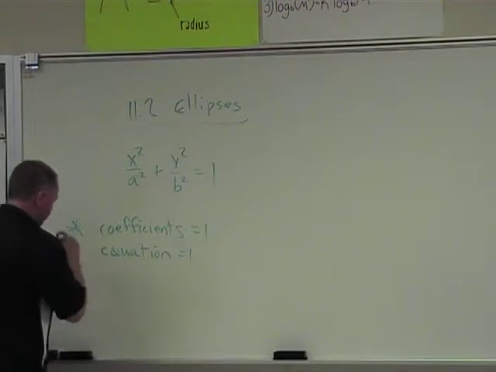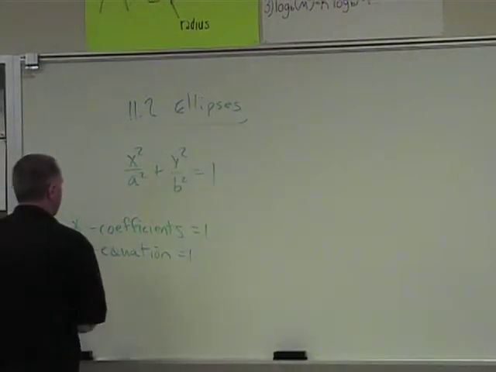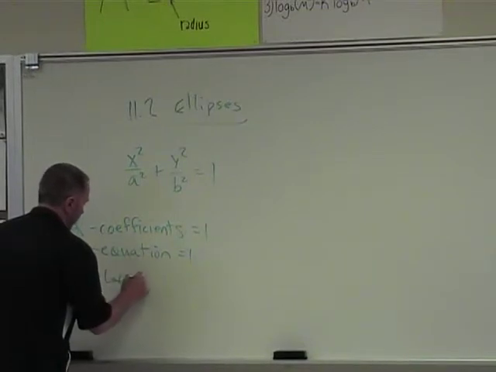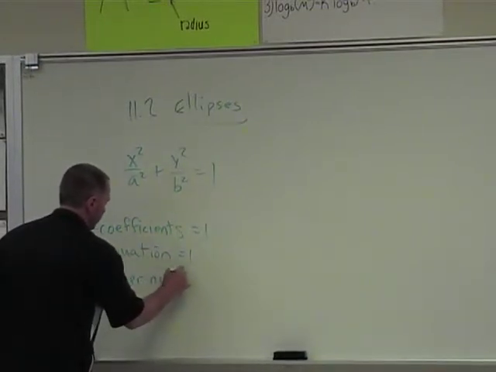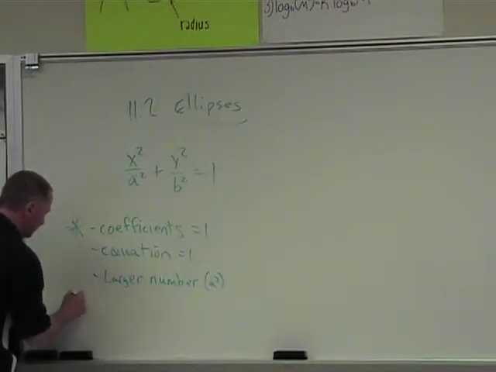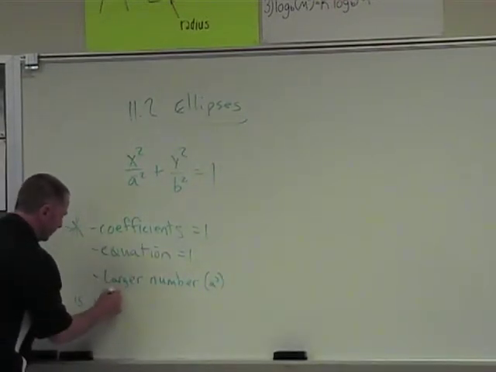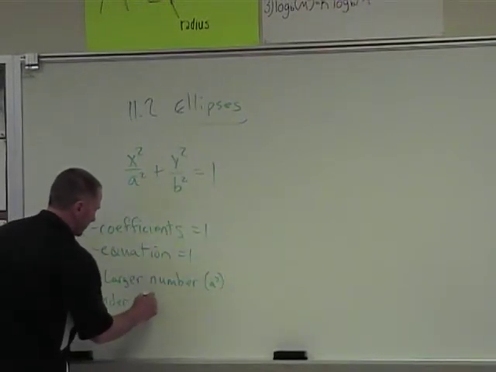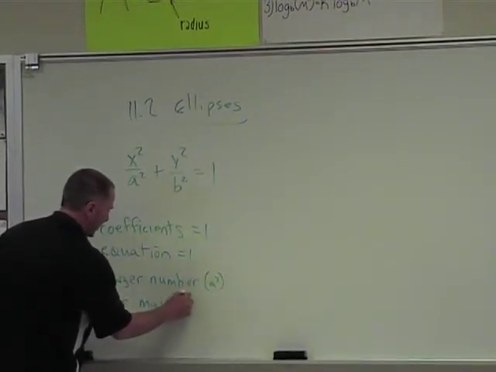Another note is the larger number, in this case a squared, is under the major axis.